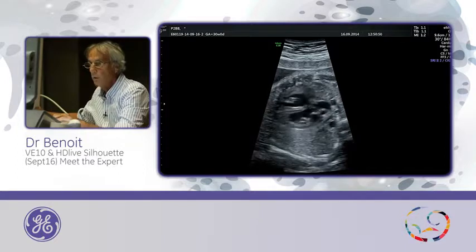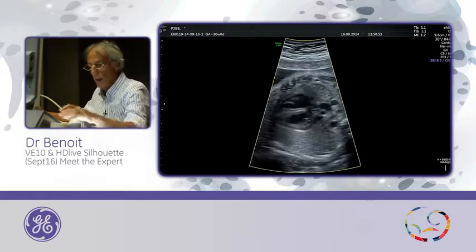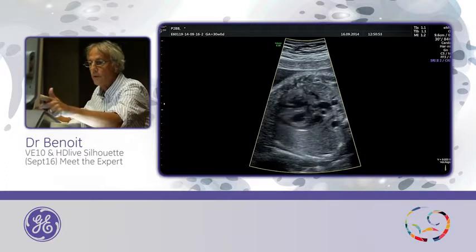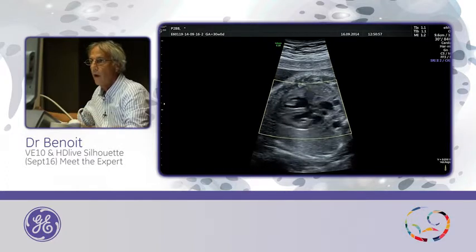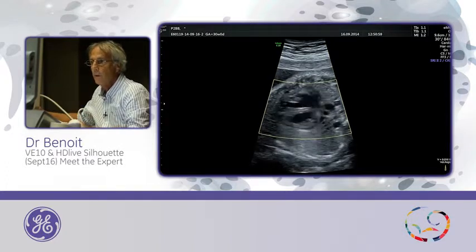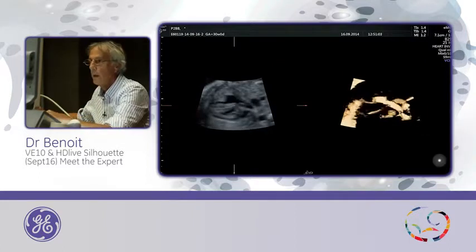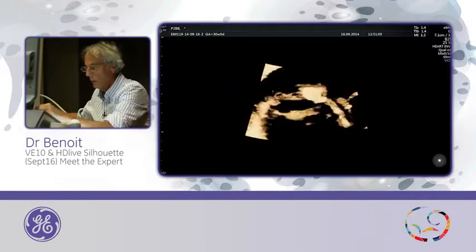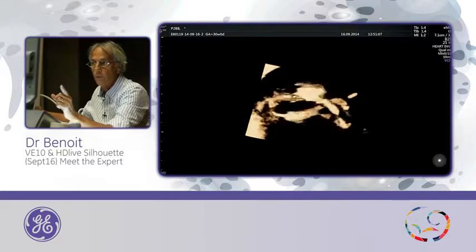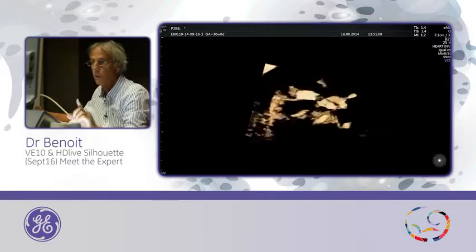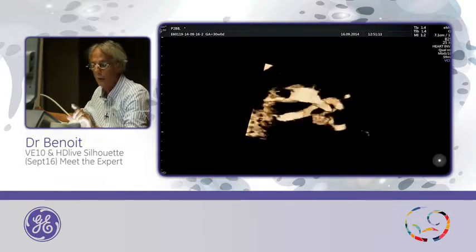So I will use 4D, and I will use a special setting. The name is VCA A-plane with inversion. I start. And this is the result. And now you have the picture with the crossing of the great arteries. It's quite easy to obtain.